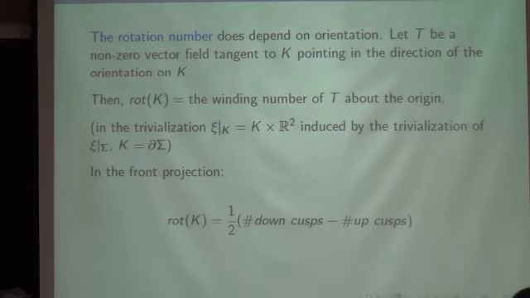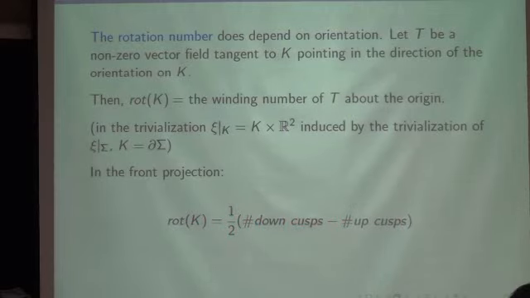So this is a winding number of the tangent to your knot. But here, again, in the front projection, we have just a diagrammatic way we can compute the rotation number, and that's 1/2 the number of down cusps minus the number of up cusps.